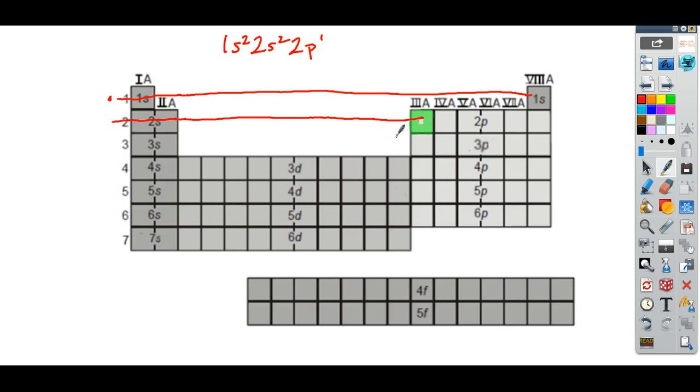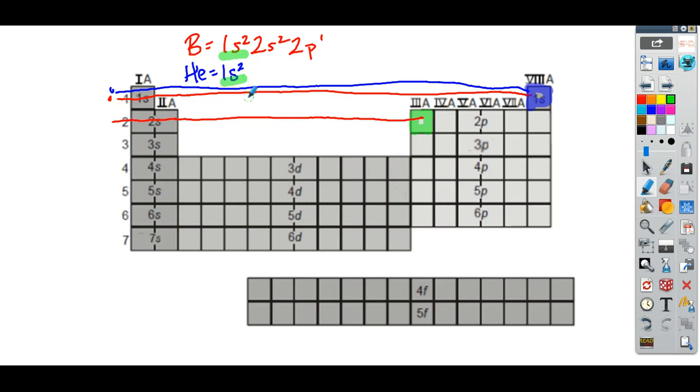Now, boron doesn't have a whole lot of electrons, but we can still shorten it using noble gas notation. Let's think about what the electron configuration for helium would be, which is the noble gas that directly precedes boron. It's right here. If I write out the electron configuration for helium, notice how the first part of boron's electron configuration is the exact same as helium's.